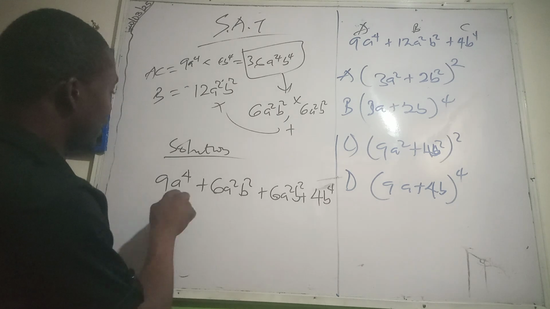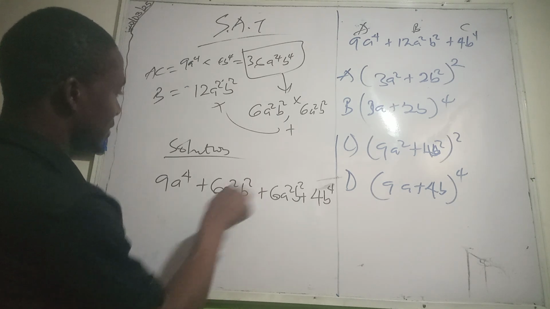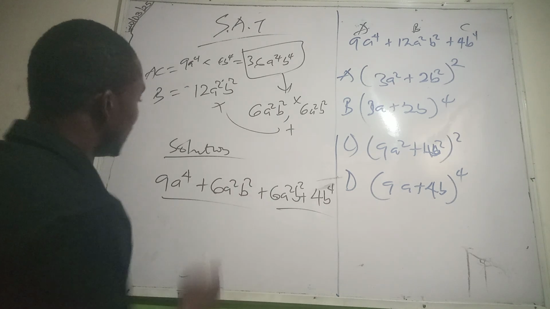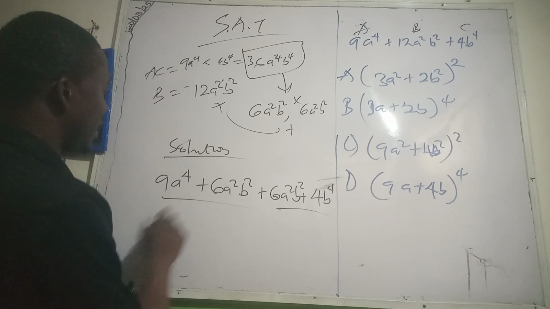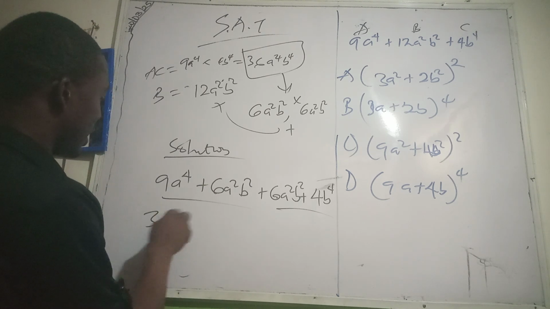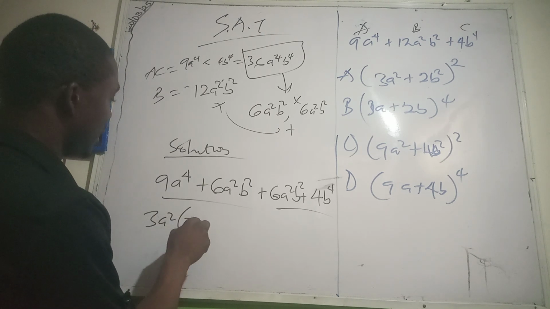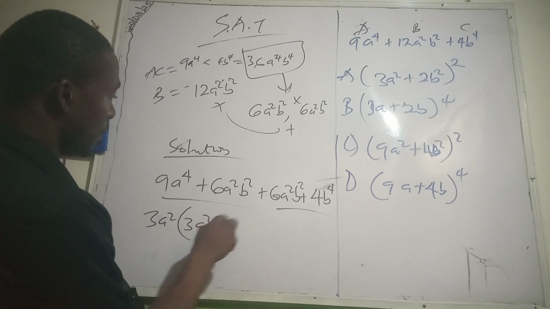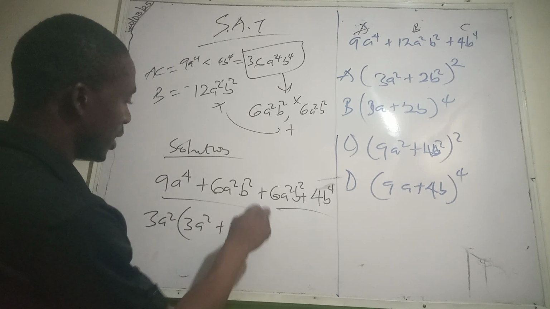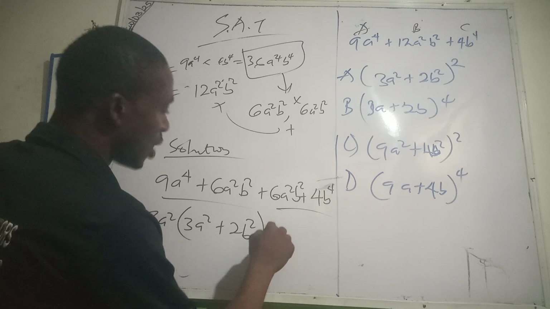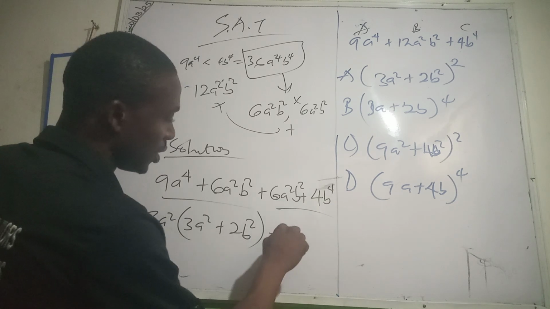Now I can bring them two by two and factorize, taking this and this. What is common now? I can have 3a squared into 3a squared plus 2b squared. Here, what is common? I can have 2b squared.